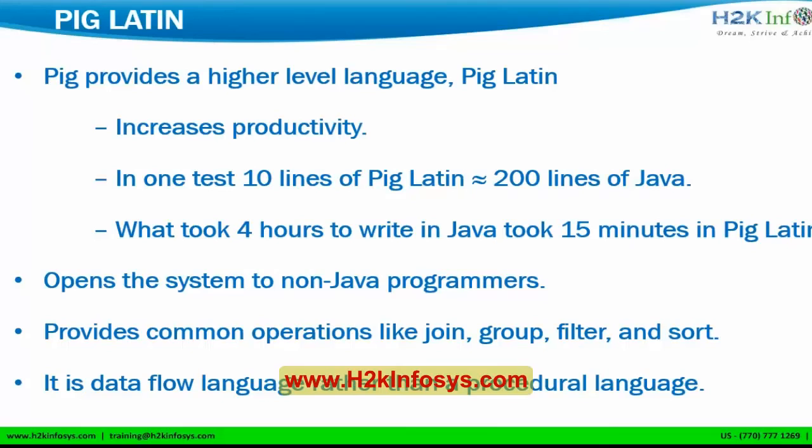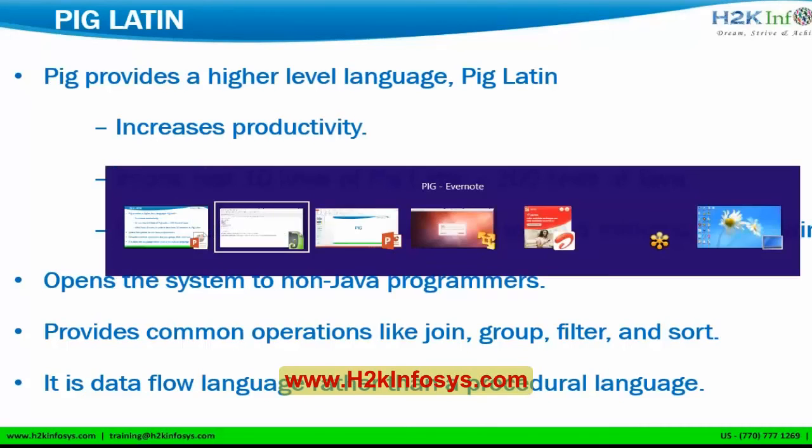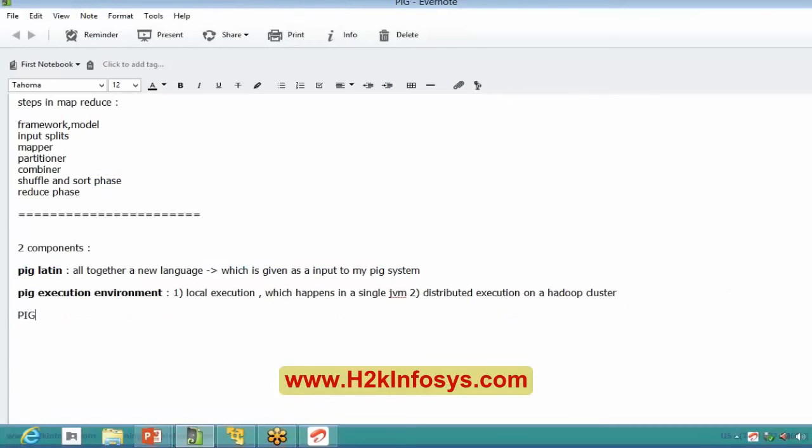And coming to the installation or distribution part, the version we are going to use in Ubuntu for Pig is 0.11.1. It's up to me which version I want to install on my Hadoop cluster.